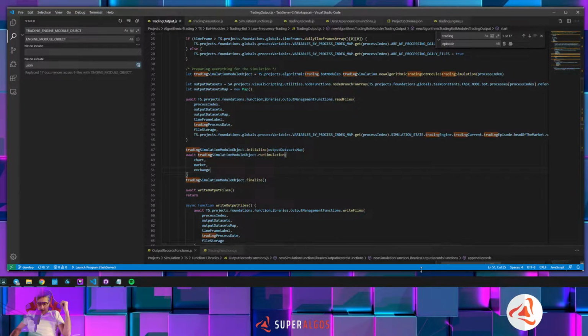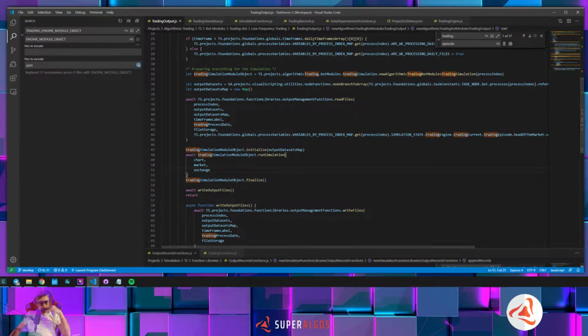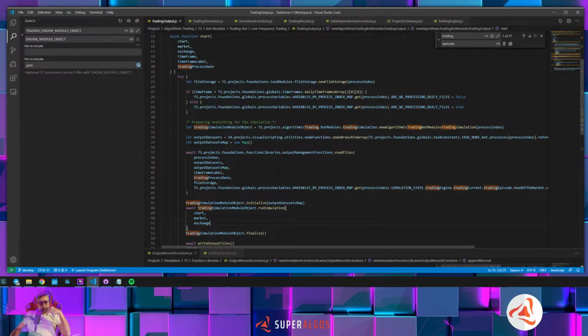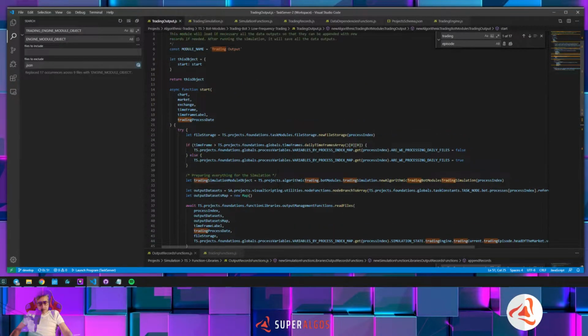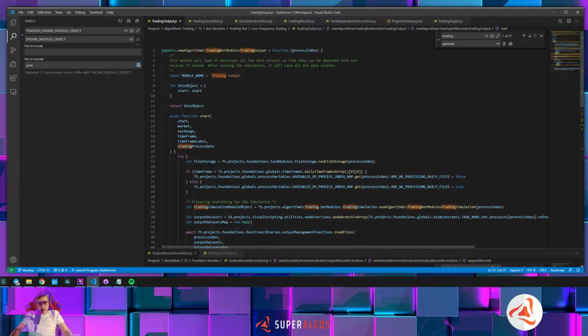So let's see if we can generalize this, and if we can, then we don't need to replicate it at the portfolio manager. So let's read the code a little bit and see what is going on here.